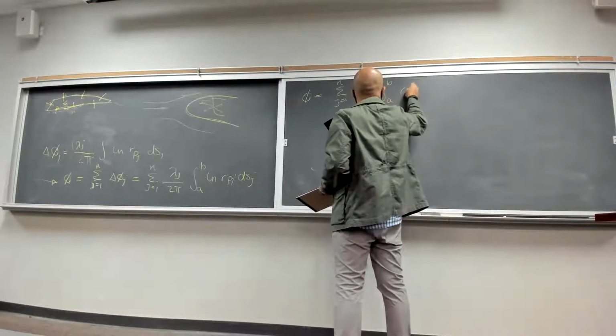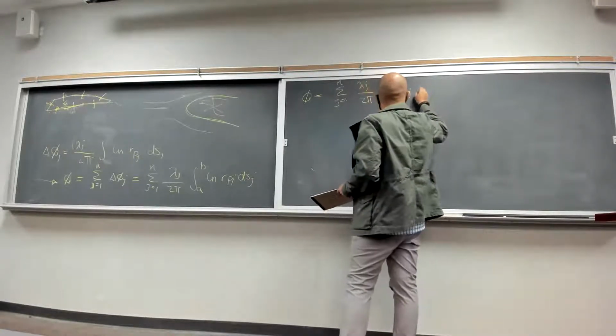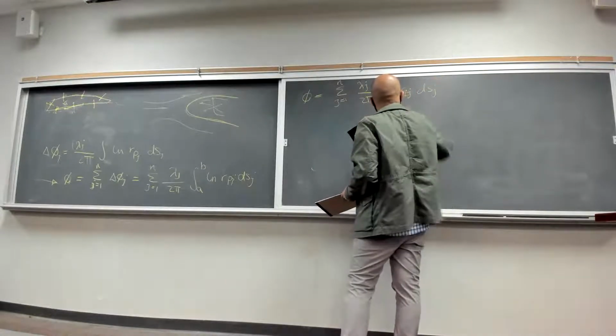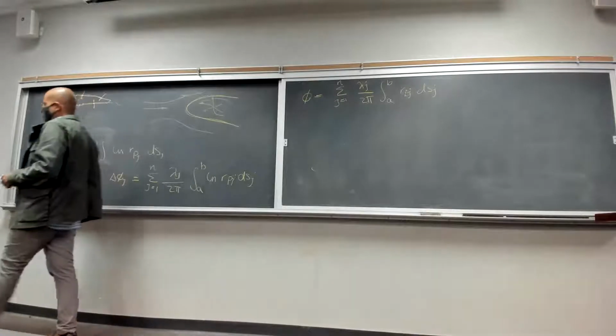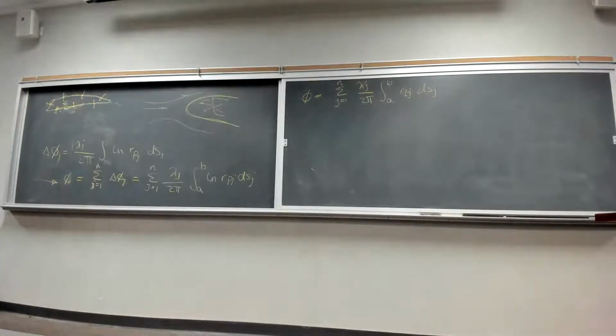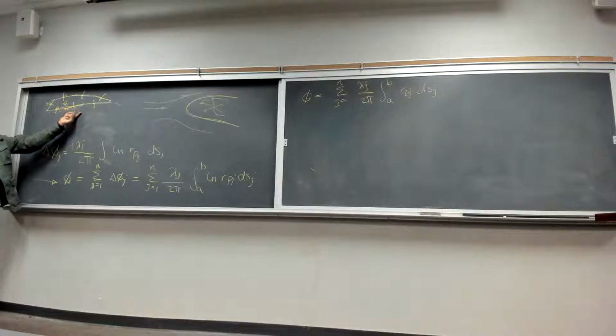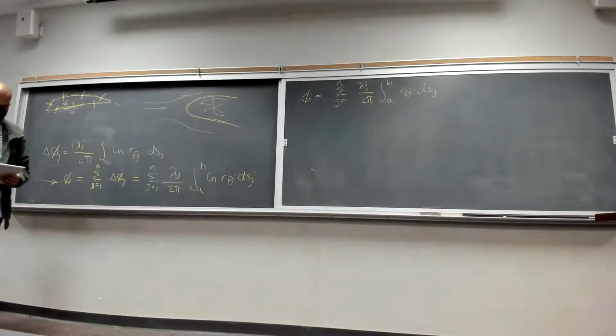Instead of Pj, we're going to get r_ij ds_j. That's the velocity potential induced on panel I by panel J, right? This panel I can be here, can be here, can be anywhere. Okay.